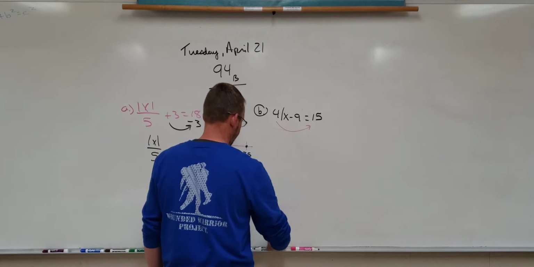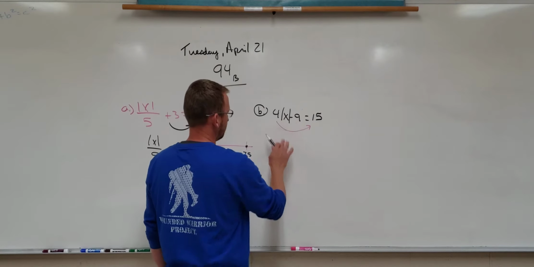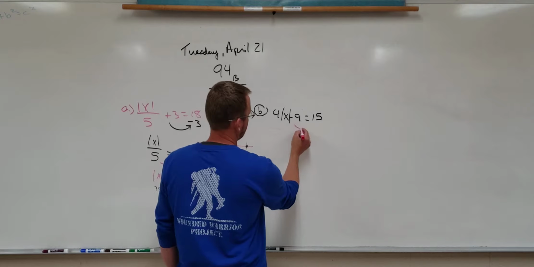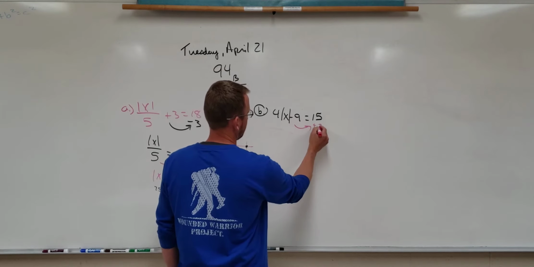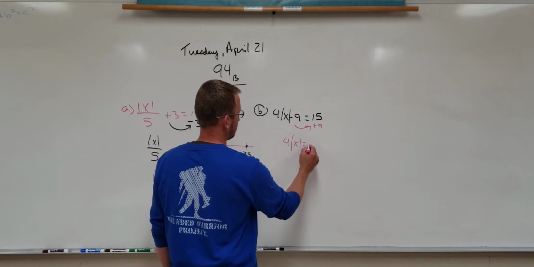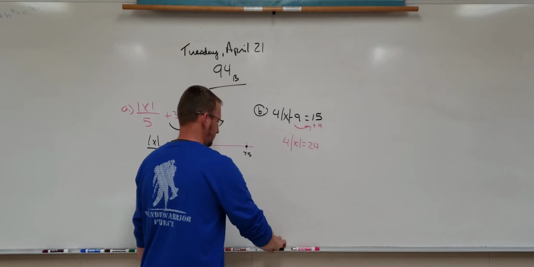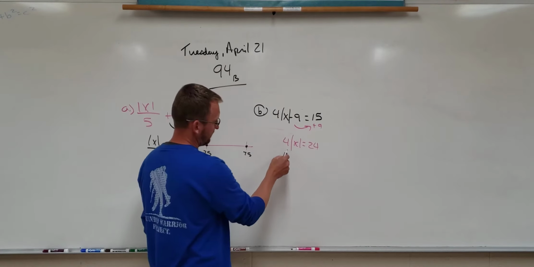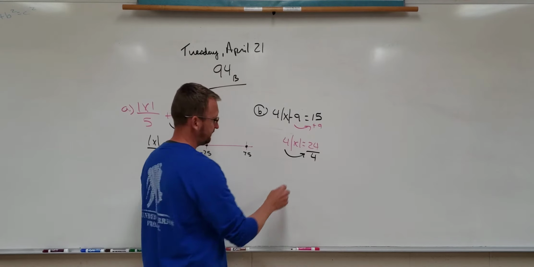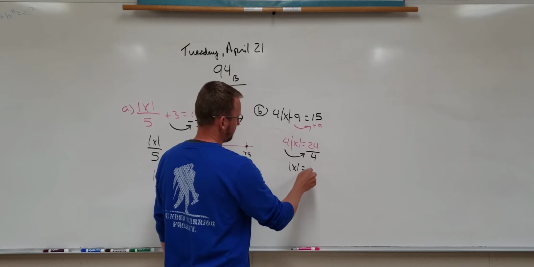Let's try this again. There we go. Take my 9 over. If I'm subtracting here, add. So 4 times the absolute value of x equals 24. Now we were multiplying, so take it over and do the opposite: divide. The absolute value of x is 6.